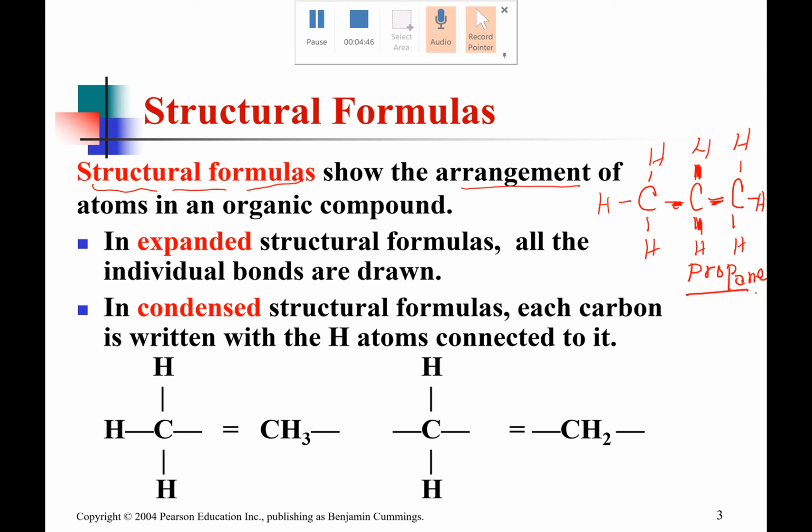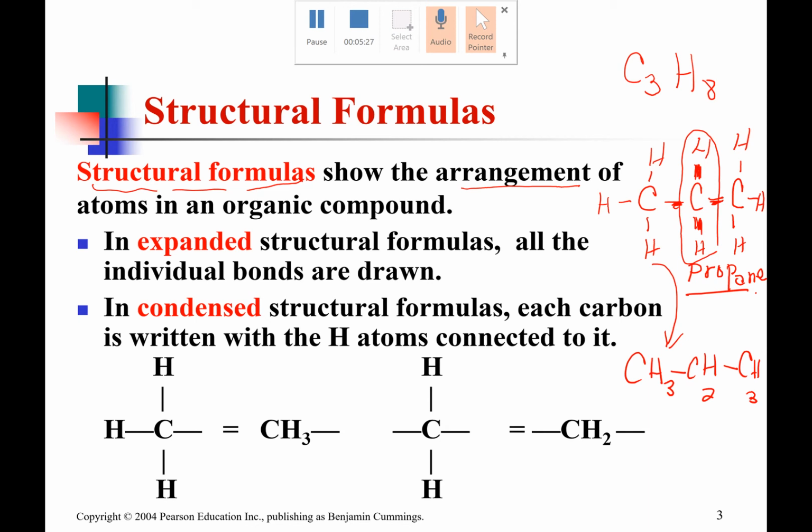But I can also show the molecular formula, which is 3 carbons, 3 times 2 is 6, and add 2, 8. C3H8 is also the molecular formula of this compound. Another way that I can show the structure of propane is to do this. Instead of writing 3 hydrogens on a carbon, I can write CH3, and then next I have CH2, and next is CH3.